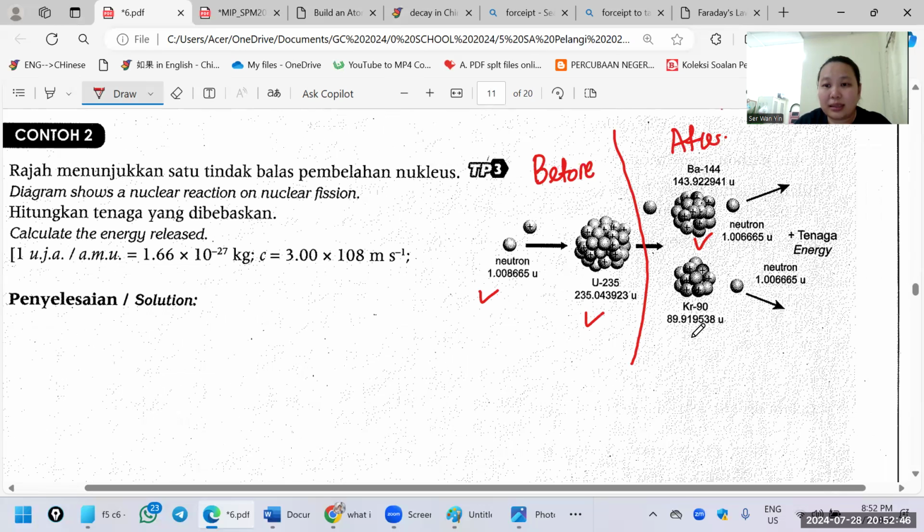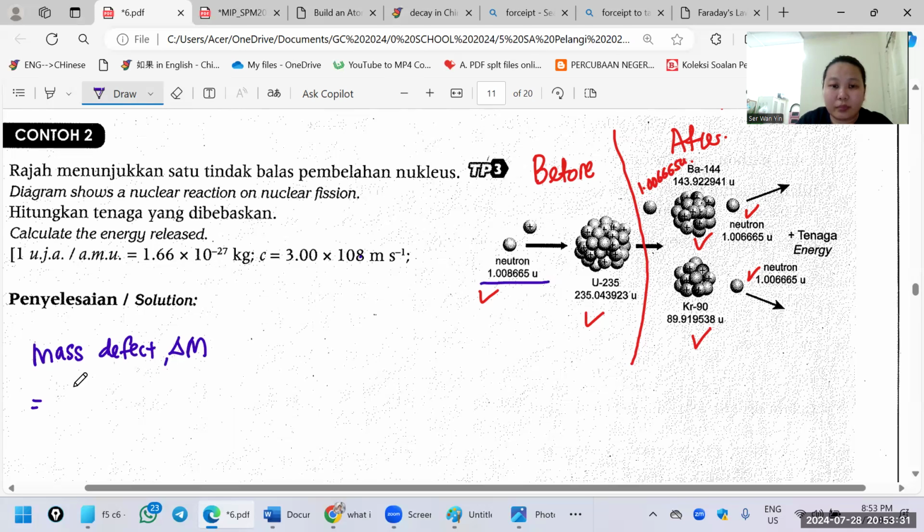So this one will be 1, 2, 3, 4, 5. But I think your answer just counts 2 neutrons. They didn't count 3 neutrons. But now I want you to count 3 neutrons. Okay? Your answer counts 2 neutrons only. So your mass defect is delta M equals 1 neutron.